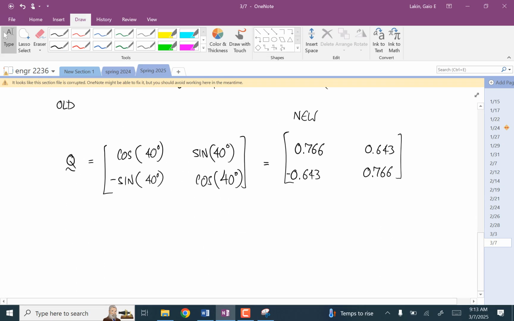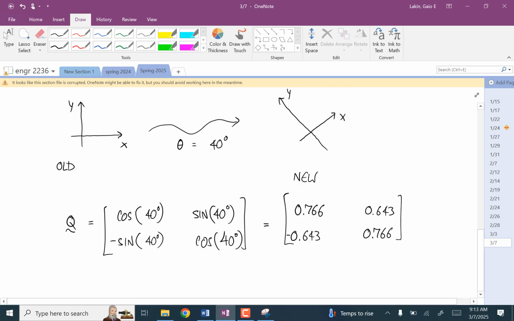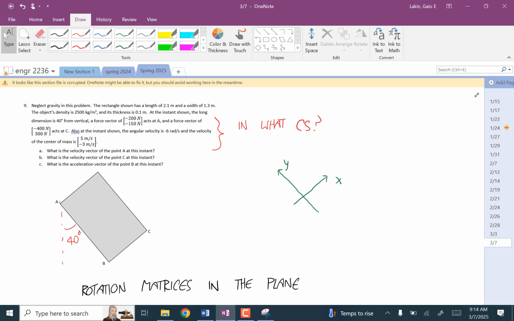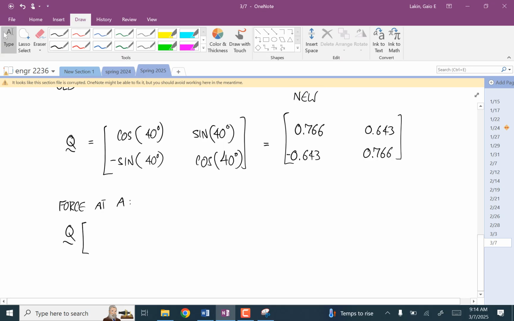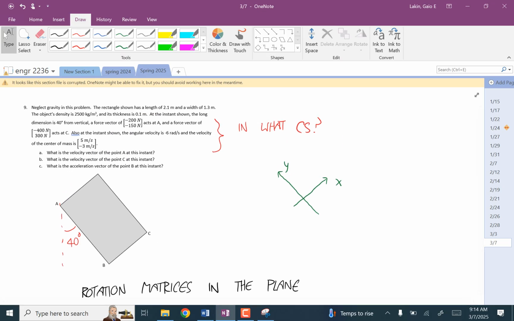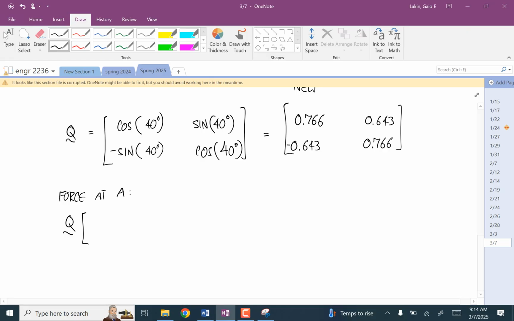Okay, and now the force at A is that Q matrix times the vector negative 200, negative 150.